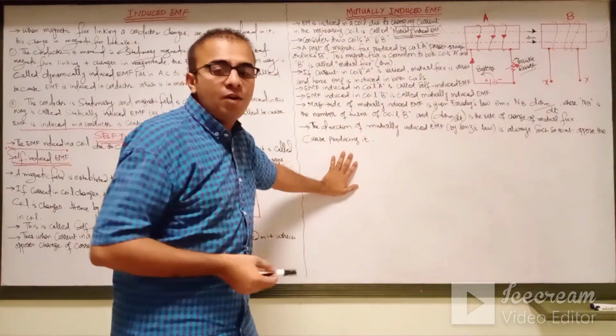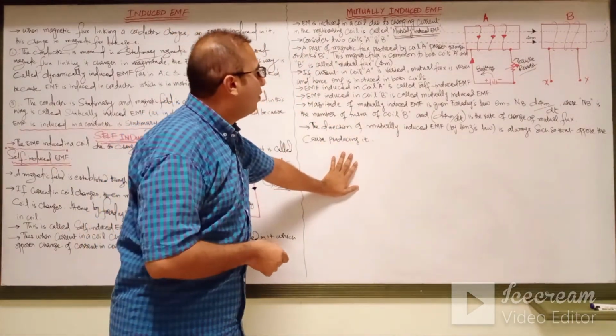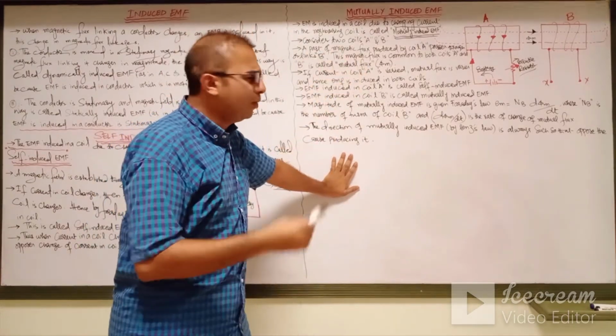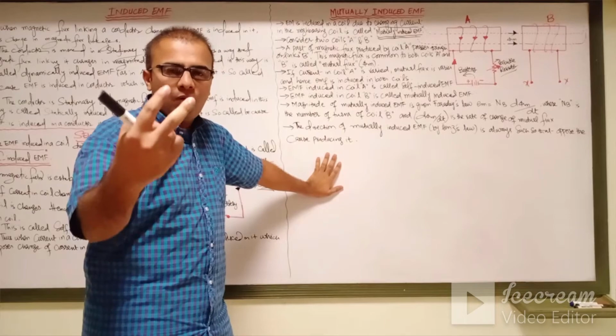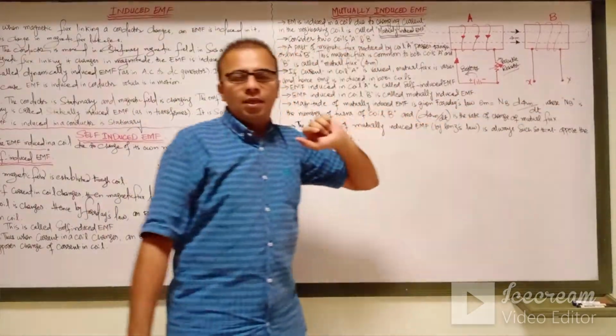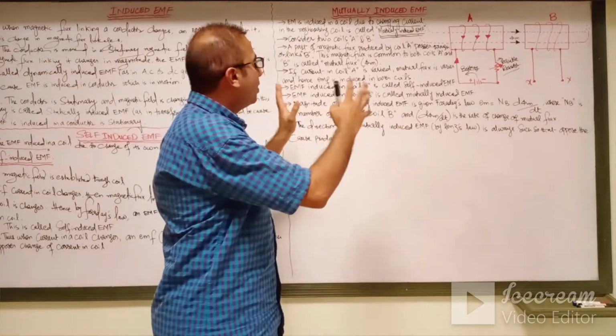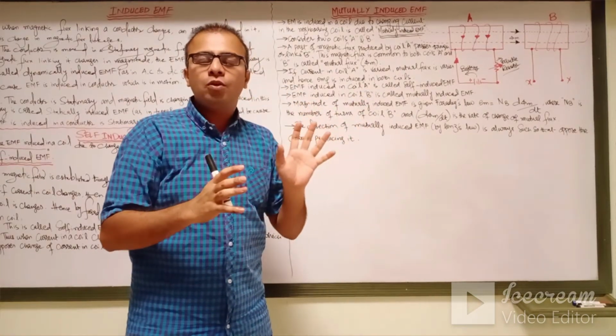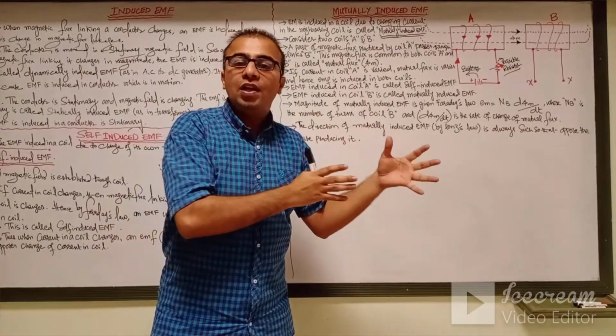There is another type of induced EMF, which is called mutually induced EMF. In mutually induced EMF we require two coils, coil A and coil B. This type of induction is applied in the working of the transformer.